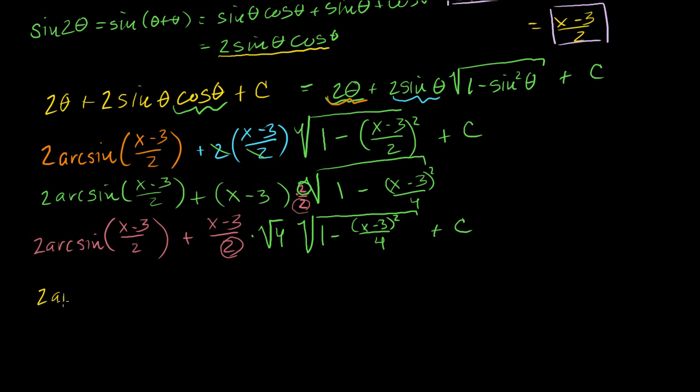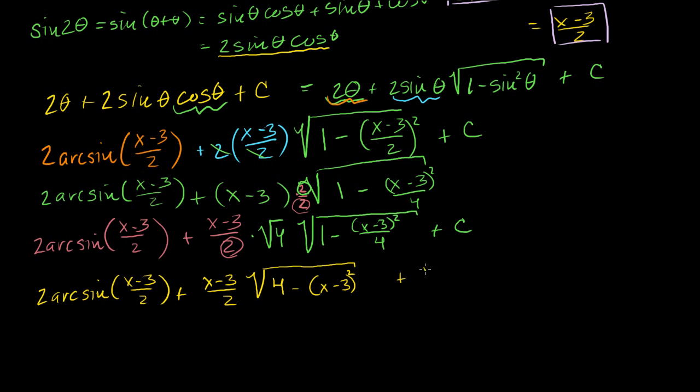So I get 2 times the arc sine of x minus 3 over 2, which I am tired of writing, plus x minus 3 over 2. And then if we bring this 4 in, the square root of 4 times the square root of that is equal to the square root of 4 times these things. So it's 4 minus x minus 3 squared, all of that plus c.